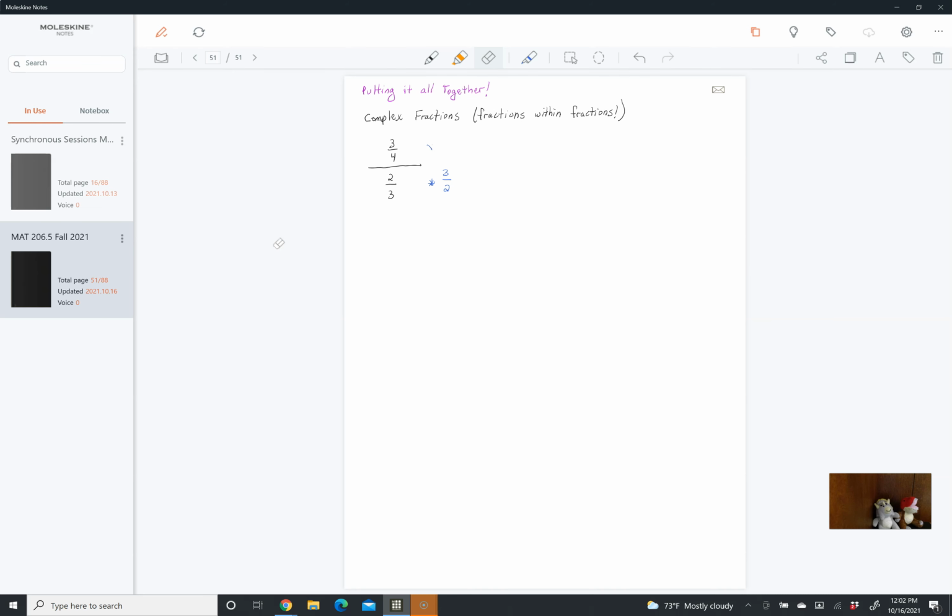But we have to do that both on top and on bottom, both in the numerator and the denominator, because we don't want to change the value of this expression. But now we don't have fractions within fractions. This just gives us 3 over 4 times 3 over 2, or 9 over 8.